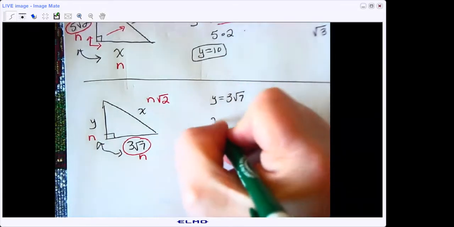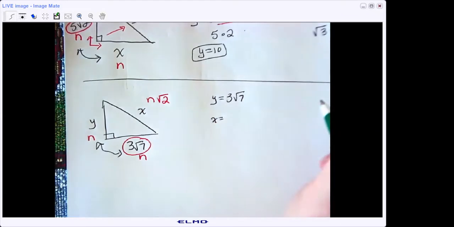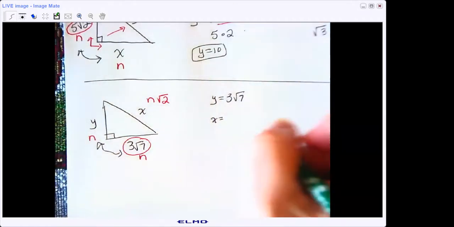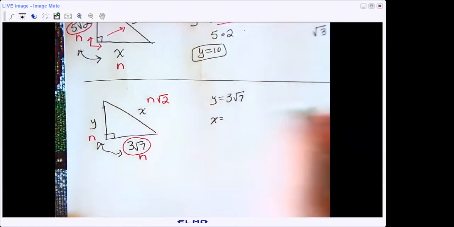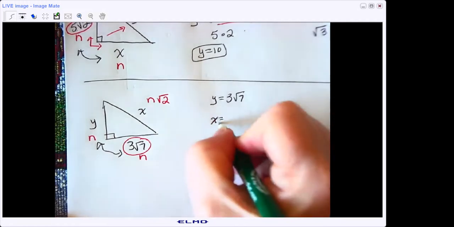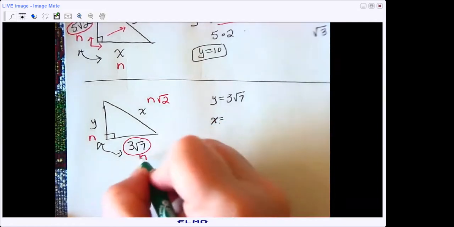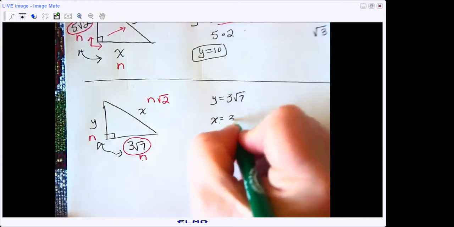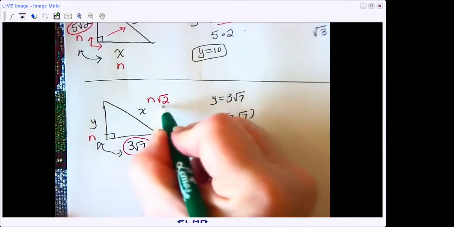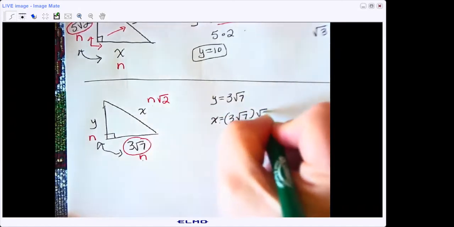But our x, and notice we don't have to find them in alphabetical order. We don't have to find x and then find y. We can find y and then x. Just be careful with that. So x is going to be our n, but we know what n is, 3 root 7. So there's my n with a root 2 next to it.